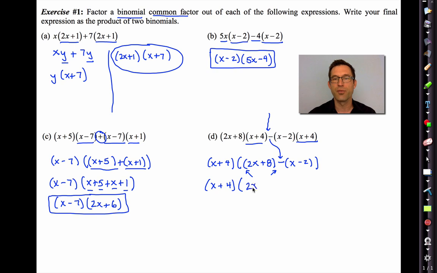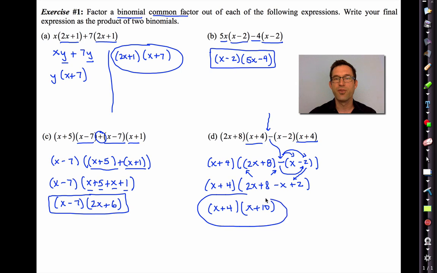So I'm going to remove them, 2x plus 8. But in this case, we have to distribute a subtraction, or a multiplication by negative 1. That's very, very important, because that negative and that negative become that positive. But once I have that, then it's pretty easy. 2x minus x is x, and 8 plus 2 is 10. There's that product of two binomials again.